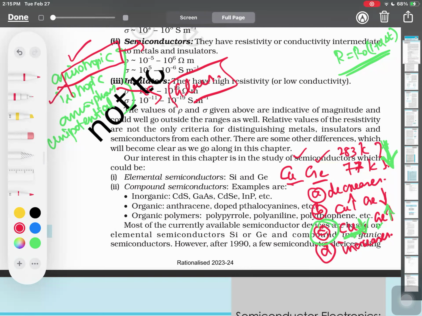Suppose you are asked at what temperature a pure semiconductor behaves slightly as a conductor: at high temperature, that we saw already. So these are all the questions you should keep in your mind. Then we'll move on to the nucleus lesson.